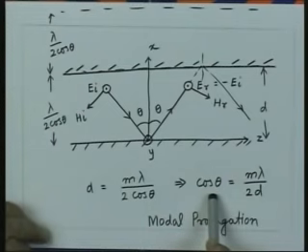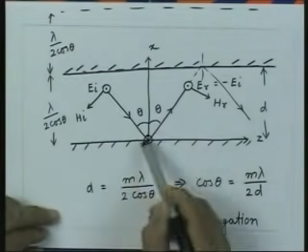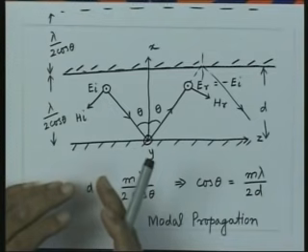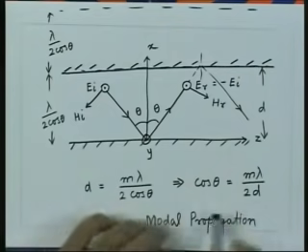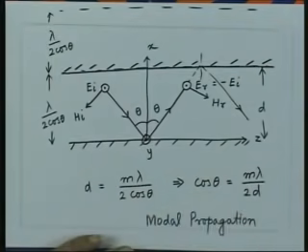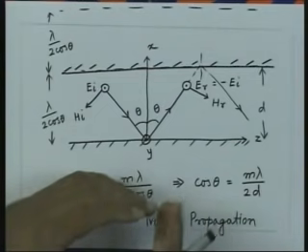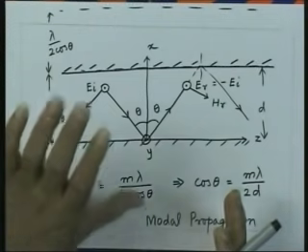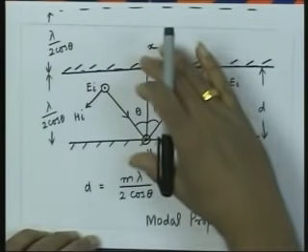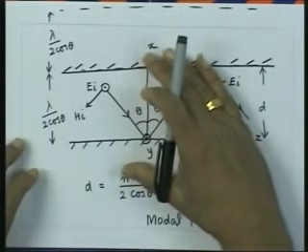That means not only that the waves can be launched inside the structure at discrete angles, but we also note that these discrete angles are finite in number. That means for a given spacing between the boundaries, only a finite number of uniform plane waves can be launched at discrete angles which are given by this. In other words, this is going to create a discrete, finite number of electric and magnetic field patterns inside the bound structure, which is what is called a parallel plane waveguide.